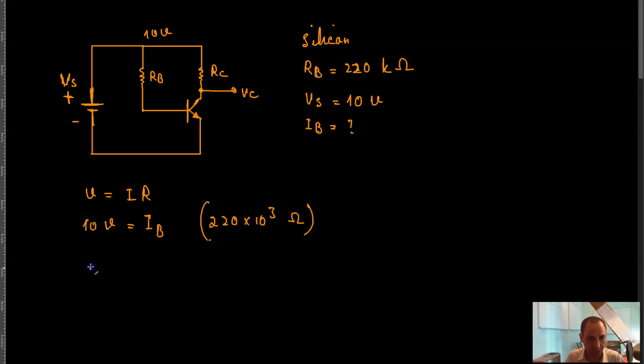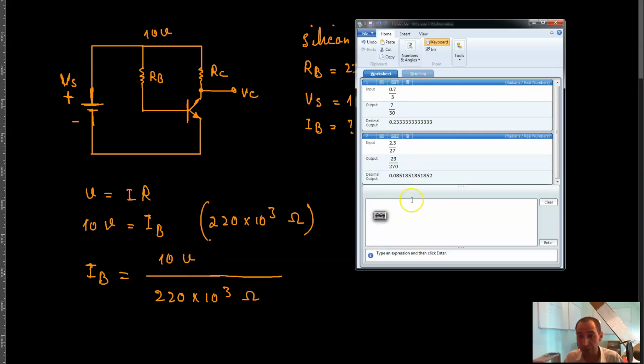So I of B is the same thing as basically 10 volts over 220 times 10 raised to the power 3 ohms, and that is the same thing as basically 1 over 22. 1 over 22 is the same thing as 0.045.